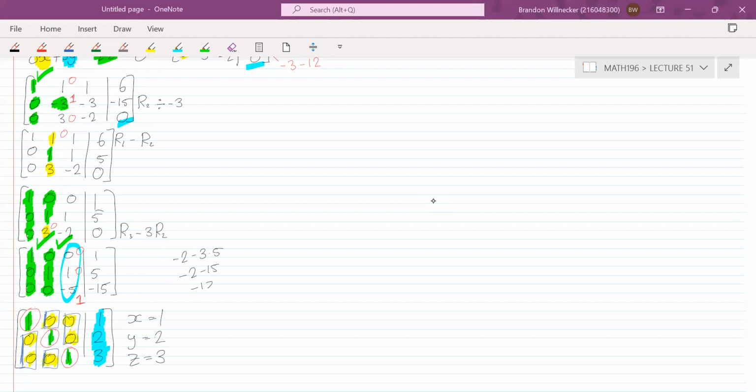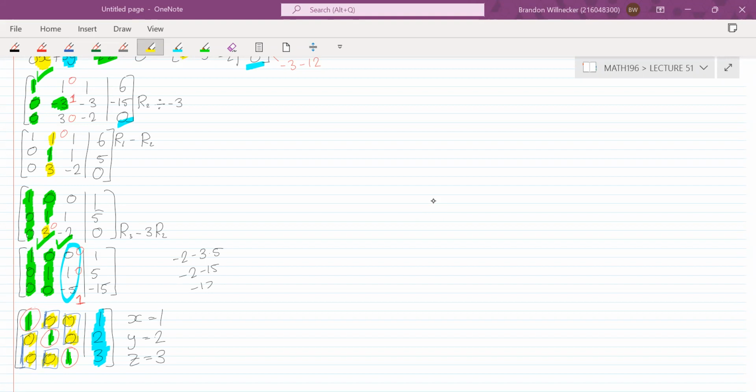Okay. Just one note, when you're doing these for homework or the tutorials or the tests, this stuff on the side here. Okay, so remember when we wrote row 2 divided by minus 3 or row 1 minus row 2, please make sure that you write down the steps that you're following.